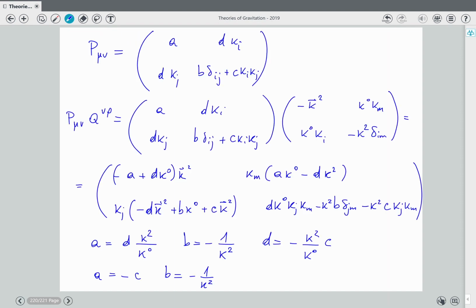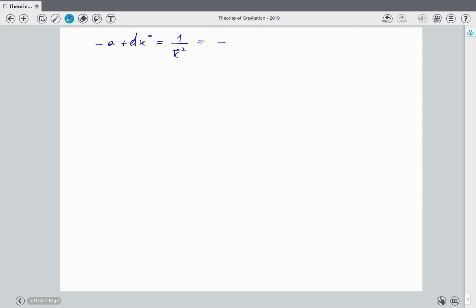And this d, we know that d is equal, well, we can write a in terms of d. A is equal to dk squared divided by k0 plus dk0. So let me collect d divided by k0. That's minus k squared plus k0 squared. You understand where we are getting, because this is d divided by k0, and minus k squared plus k0 squared is k squared.